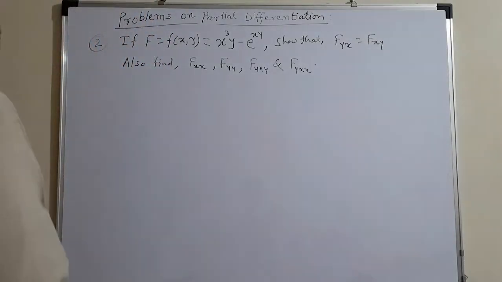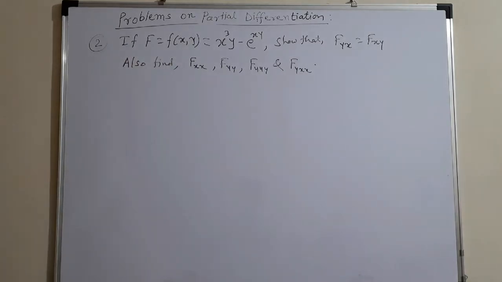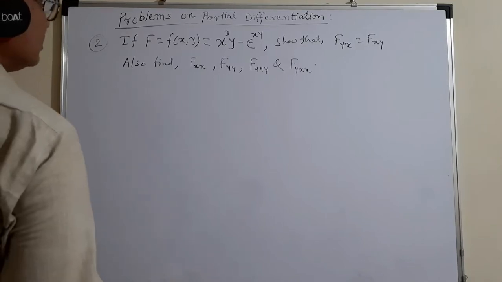So let us first try to show that fxy is equal to fyx. For that purpose we have to differentiate f partially with respect to x and y.